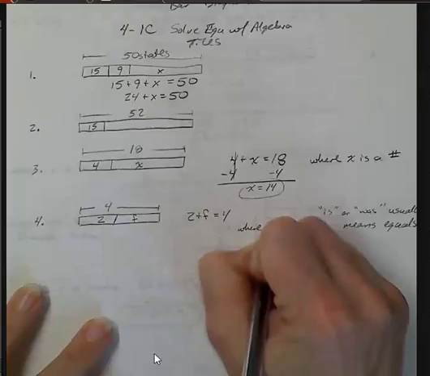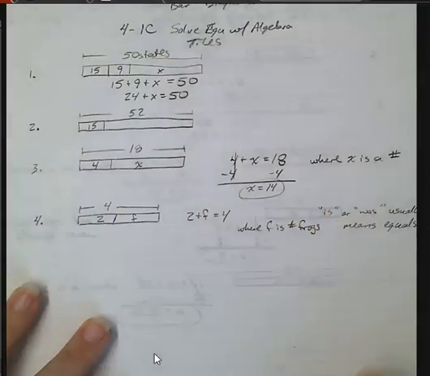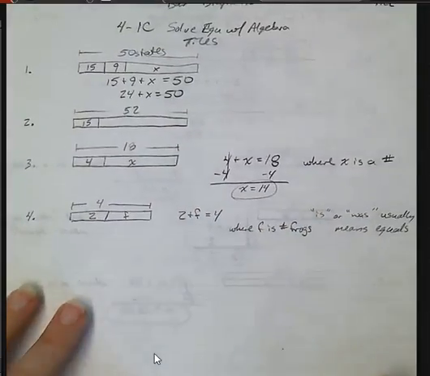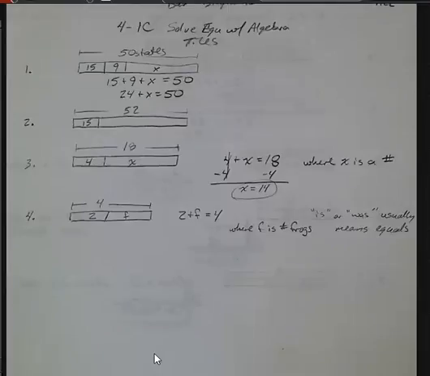Where F is the number of frogs. What I'm doing right there is defining the variable because you didn't have to pick the letter F. You could have picked any letter, or a symbol. You could have put a triangle in there. We generally pick variables that are actual letters.